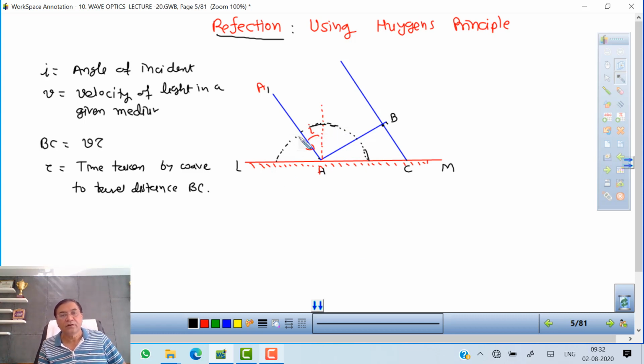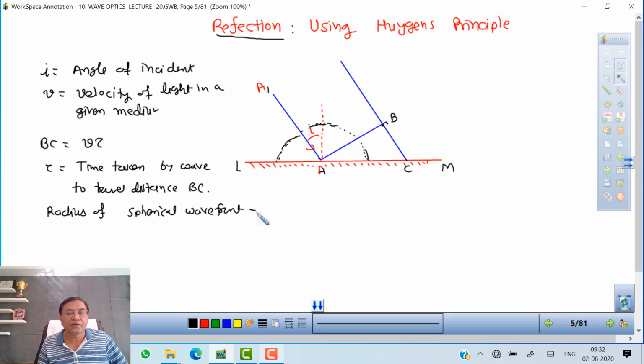The medium is the same, and therefore the radius is also V tau. So the radius of the spherical wavefront is equal to V tau. It will be right. So all the points on this wavefront are in the same phase with C.